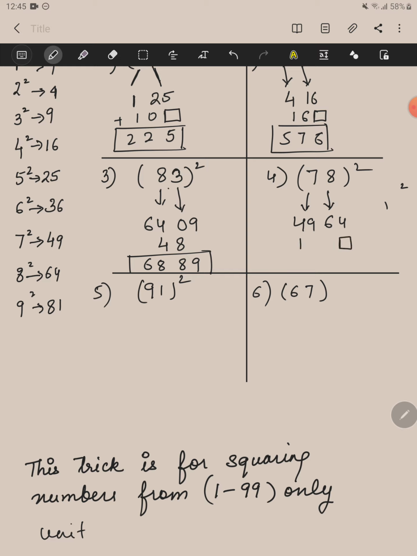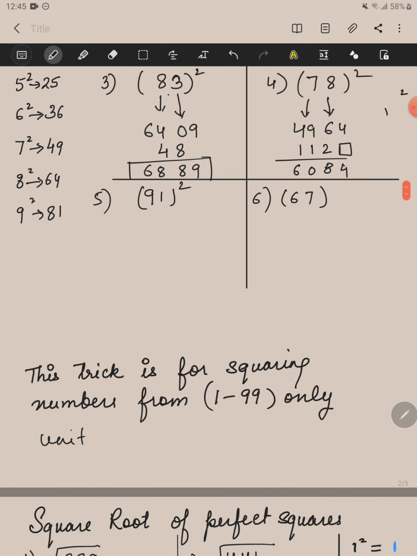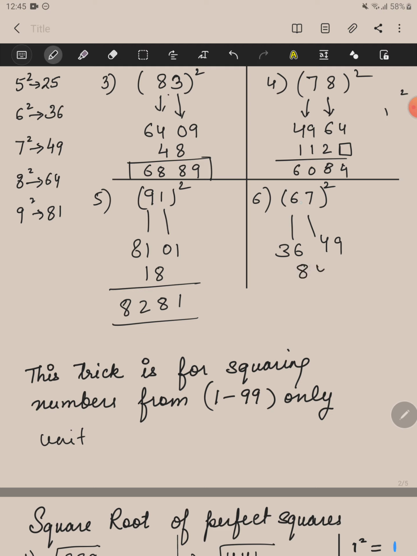Leave one space here. 81, 9 into 1, 9, 9 into 2, 18. 49, 36, 6 into 7, 42, 42 into 2, 84. 4, 9, 8, 1, 4 is your answer.